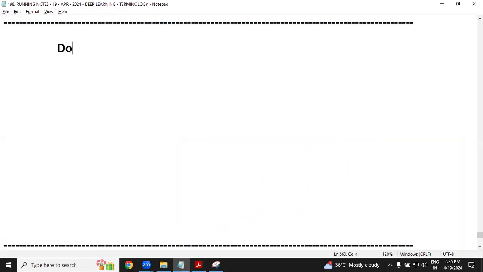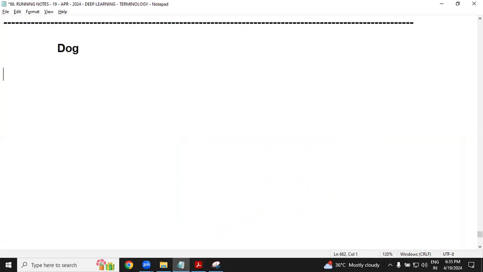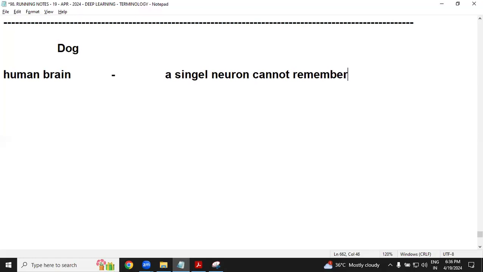When I'm talking about the dog, in our human brain, a single neuron cannot remember the total dog picture. Neuron number one can remember the tail.